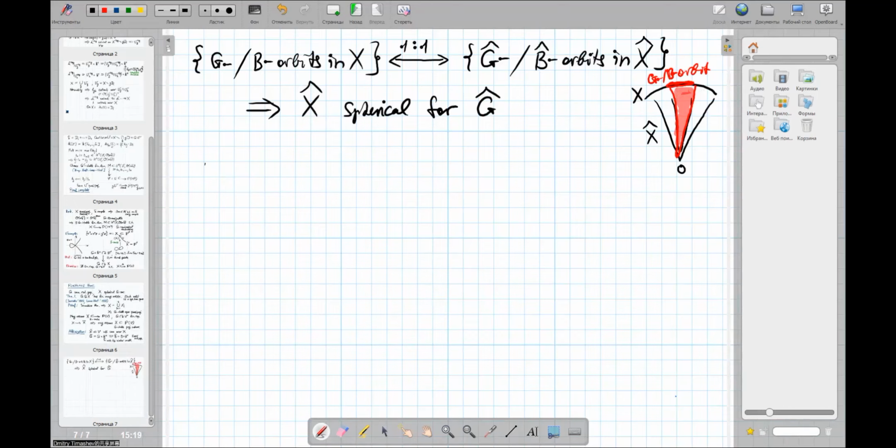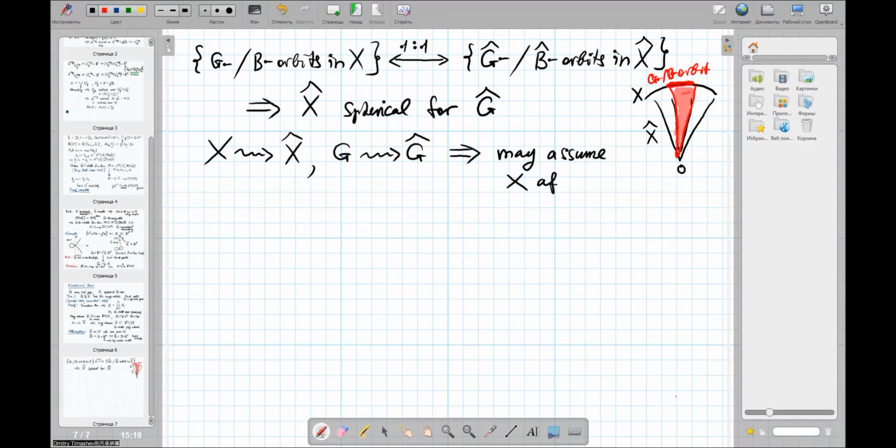So replacing X with X hat and G with G hat reduces the proof to the case where X is affine. So we may assume that X is an affine variety, affine spherical variety.